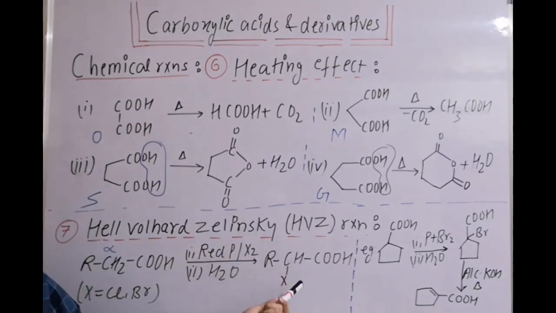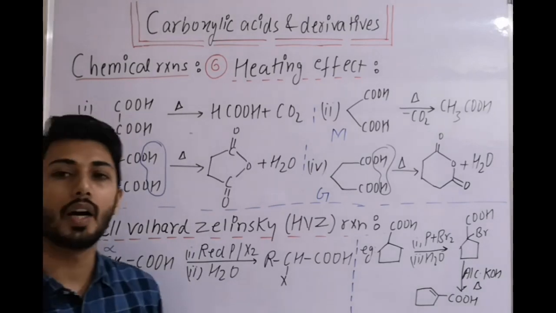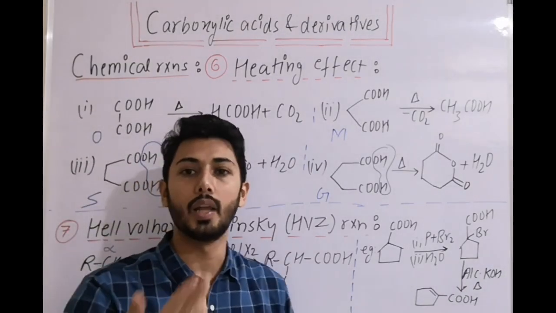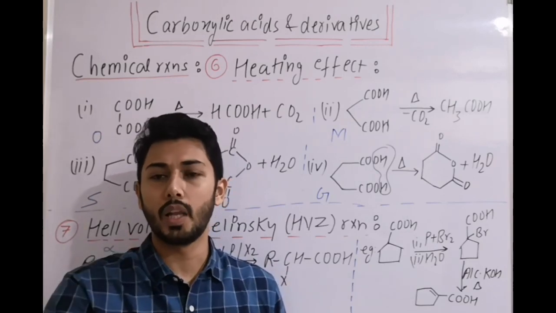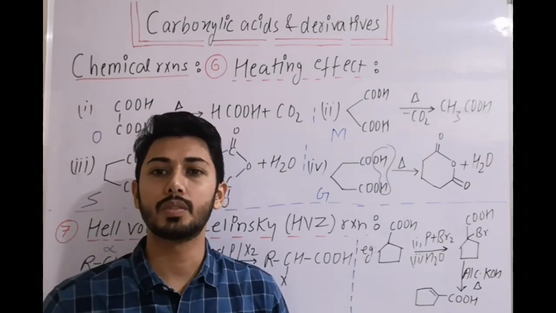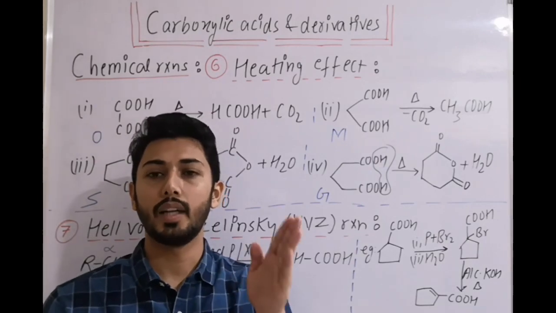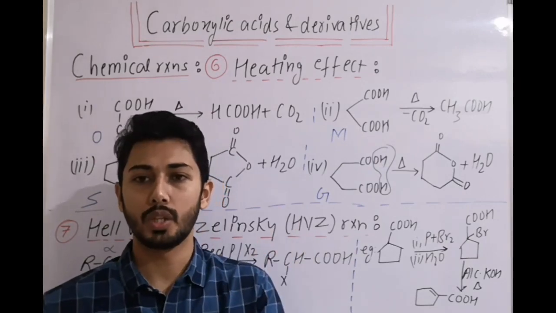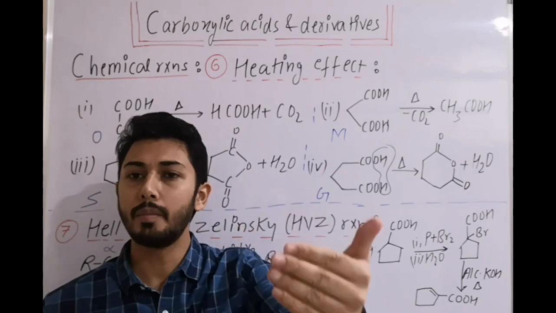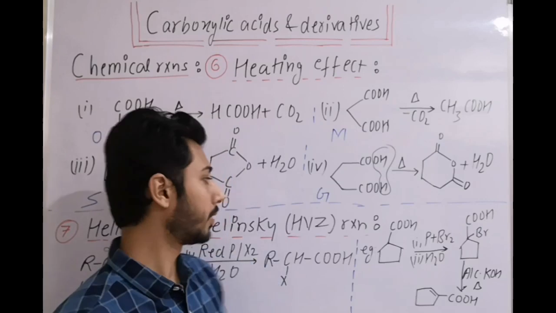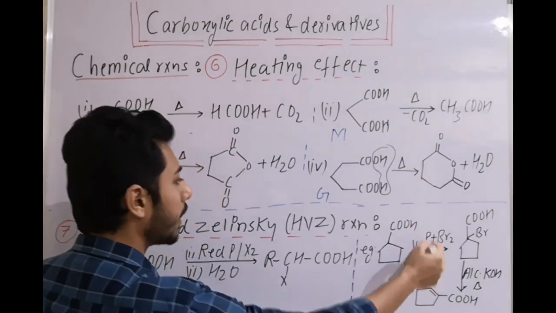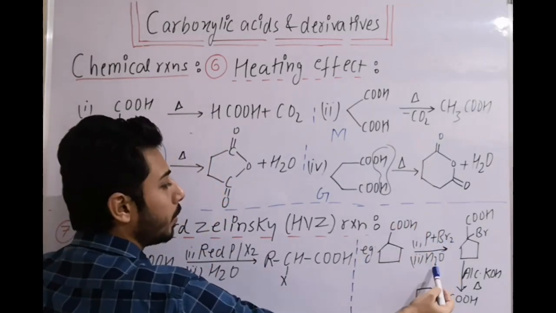It is an electrophilic substitution reaction, and if we take excess of reagent, then all the alpha hydrogens will be substituted by halogen. So the easy way is carboxylic group, red phosphorus with halogen, and then second step with water. We do halogenation at the alpha position, and if excess or multiple times it is given, then all alpha H will be substituted by halogen. For example, in this case, P plus Br2 and H2O.